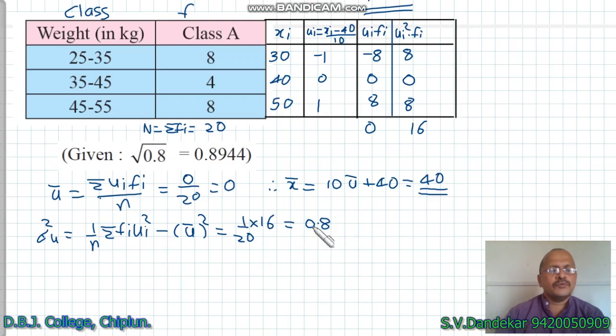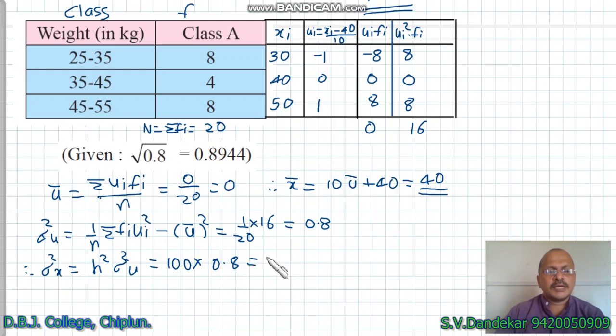Sigma square u we have found out, and therefore sigma square x is h square into sigma square u. We have divided by 10, so h square is 100 multiplied by sigma square u, that is 0.8.